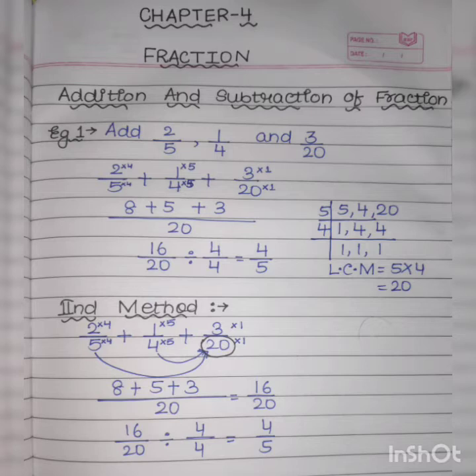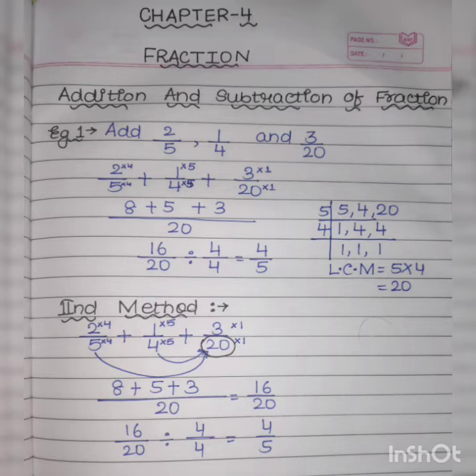Now see, 20 comes in the table of 5 and 20 comes in the table of 4 also. So the LCM will be 20. The greatest number will be the LCM because it comes in the table of both the smaller denominators. Now the LCM is 20.